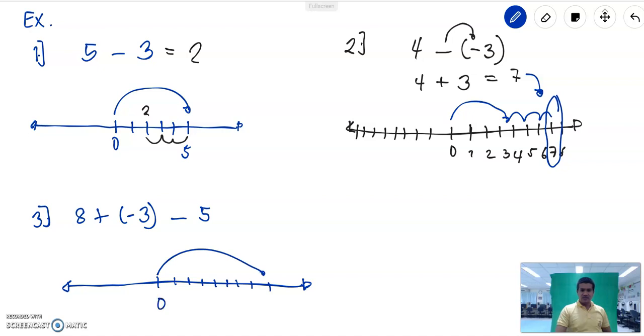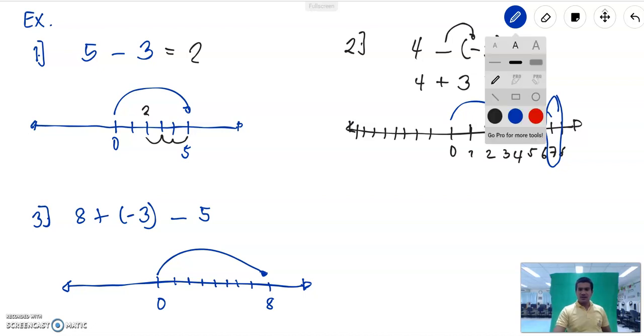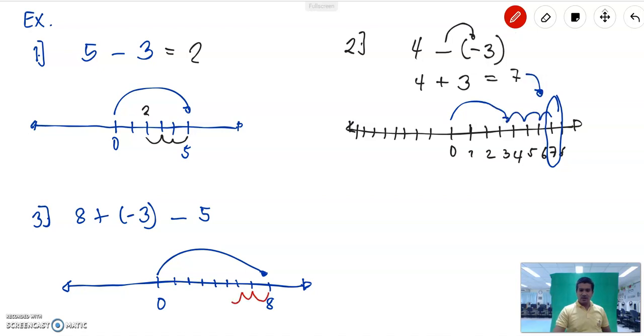So these counted units are 8. Then after that, we have to subtract by 3. So the line graph now will go back 3. 1, 2, and 3. So what value is this one? We have 1, 2, 3, 4, and 5.